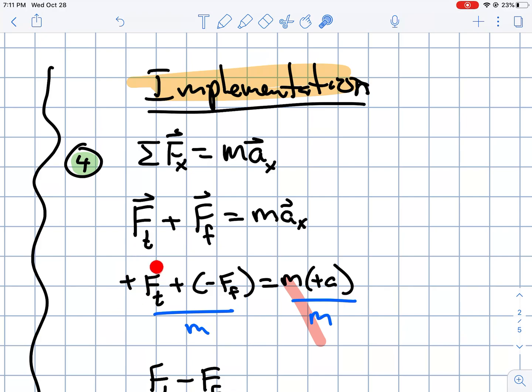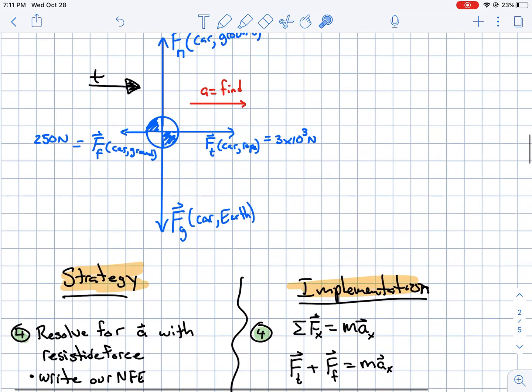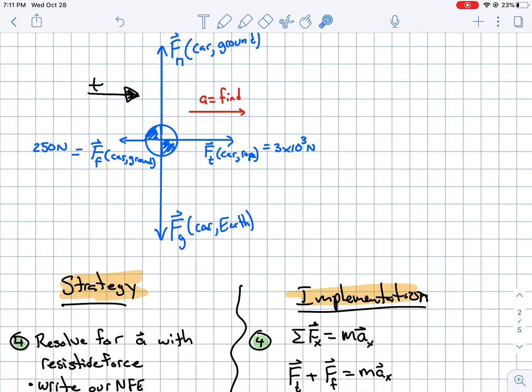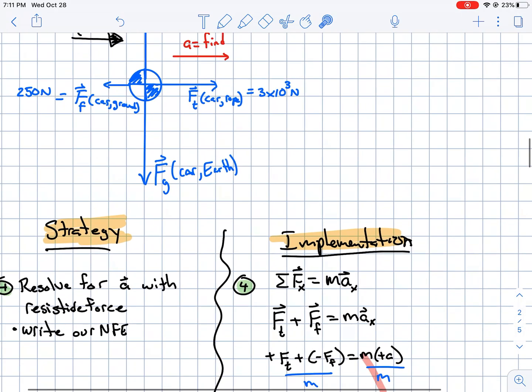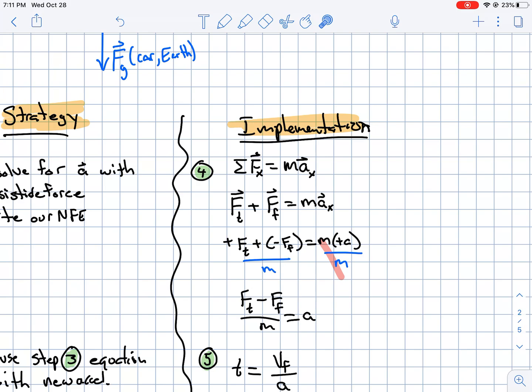Once I take care of the direction, again I have the direction and the magnitude in my equation. I'm putting them on the variables here. Tension was positive. Again, if we go back to our picture here, we'll notice tension is in this positive direction. The force of friction is negative, and that's going to equal mass times the positive acceleration as well. Mass times, I hope I didn't say plus there. So it's mass times the positive acceleration.